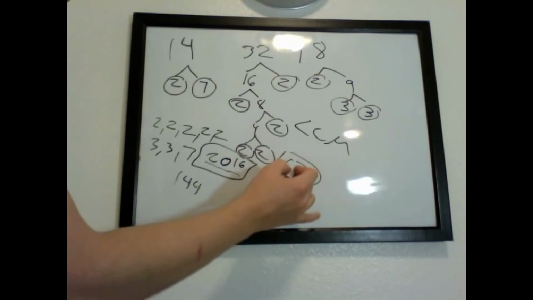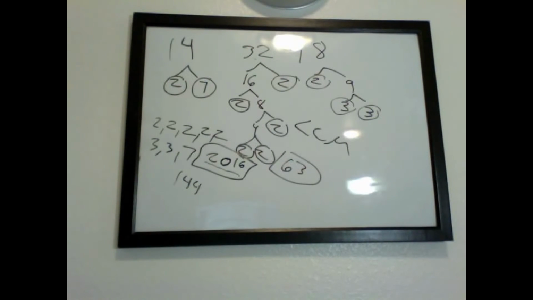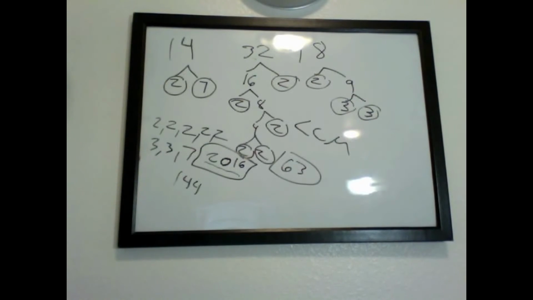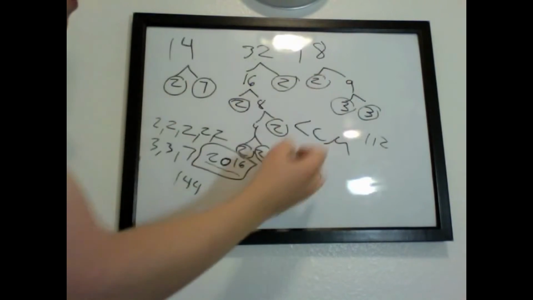Now that's the 63rd number of the multiple of 32. Same thing with 18. If you took 2016 and divided by 18, you get 112. So this is the 112th number.